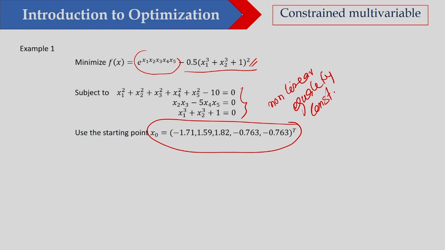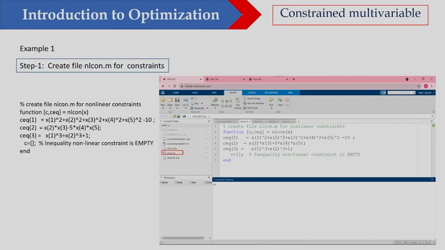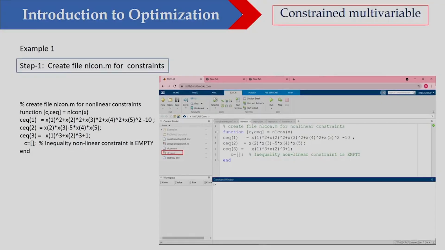So, let us see how I can solve this particular problem using the fmincon function. We have non-linear equality constraints, so I have to write a function to define the constraints. Here we have 3 constraints, and these are equality type constraints, so I am writing CEQ1, CEQ2 and CEQ3.